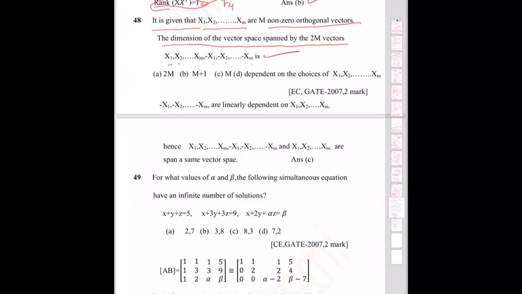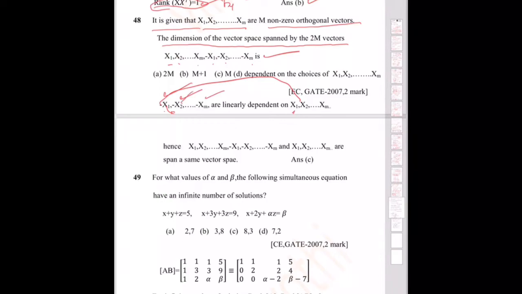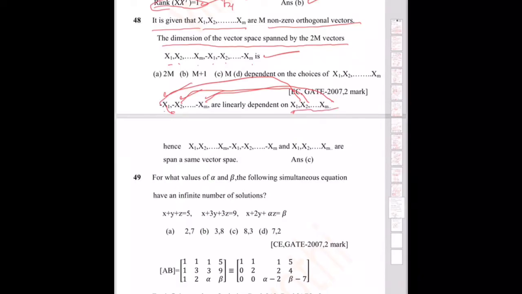Minus x1, minus x2 and minus xm are linearly dependent. Minus x1 is dependent on x1, minus x2 is dependent on x2 and minus xm is dependent on xm.